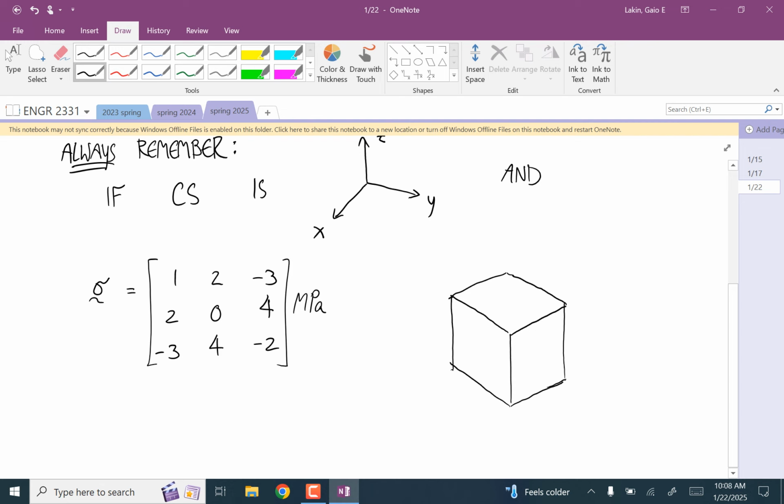There's a relationship: this stress cube is always in line with whatever the coordinate system is. You with me on what I'm trying to say there?